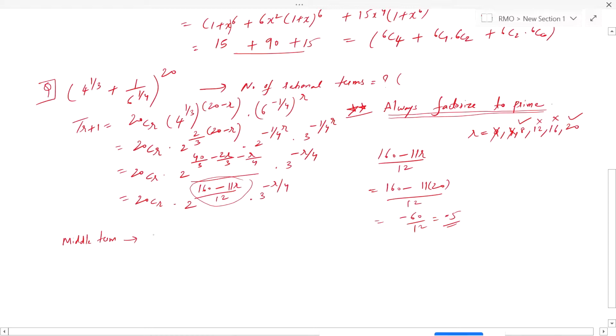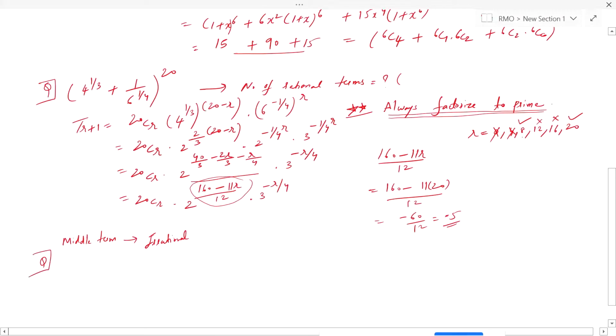So substitute, it won't come. The 9th and 21st terms are rational, so the middle term is irrational. Correct? Okay, correct. Next variety will have a lot of complicated questions.